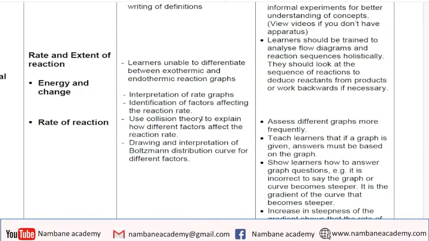You say it is steeper because you need to talk to the gradient, or it has a higher gradient than this one. The gradient is equal to the rate of reaction. Therefore, the one that is steeper is the one that is occurring at the higher rate. A higher rate will be a result of higher temperature, higher concentration, higher surface area, or addition of a suitable catalyst. Those are some of the things that we must be able to do.